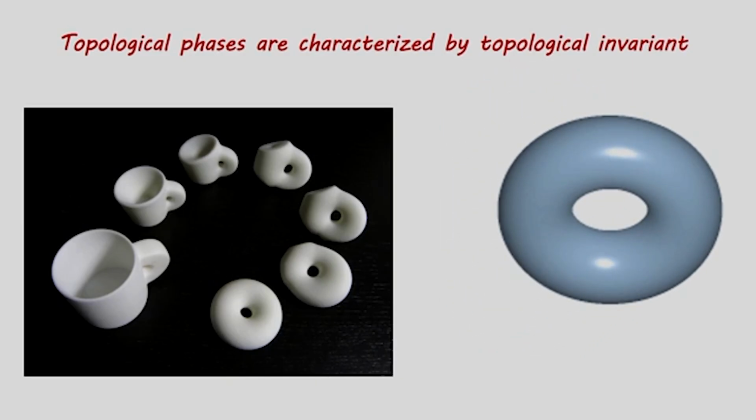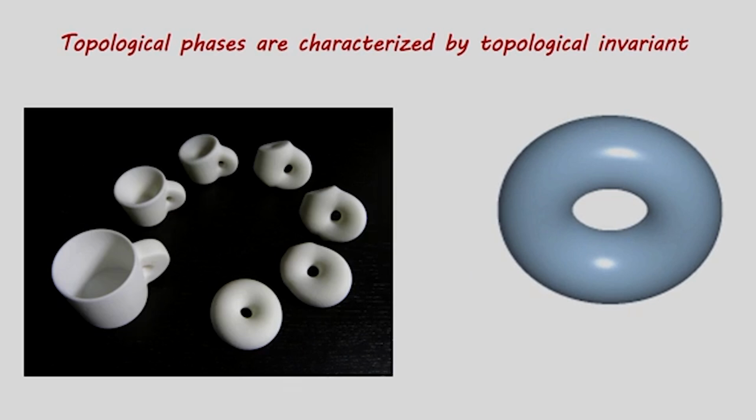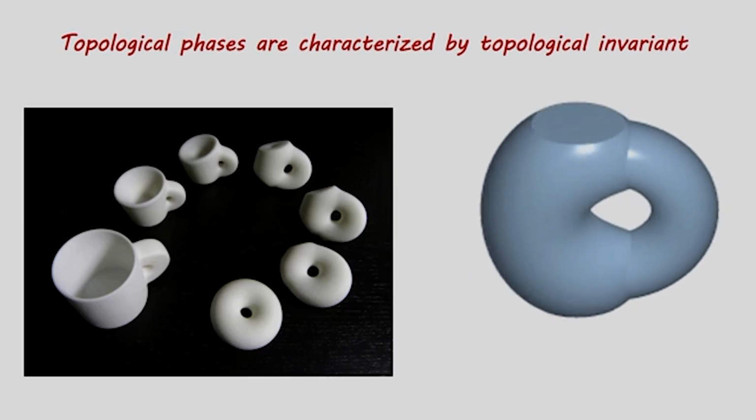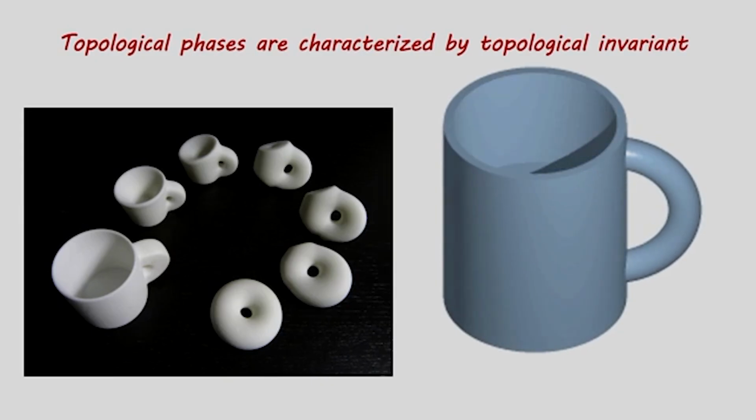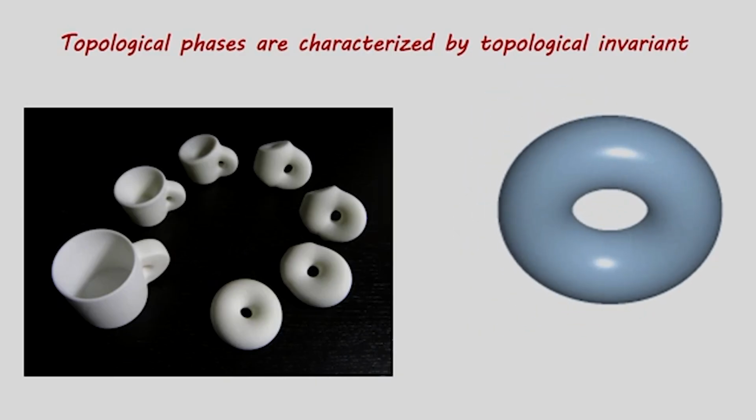If it can be smoothly deformed and gives rise to an invariant that remains unchanged through this process, then the Hamiltonian denotes a topological system. And if you need to puncture it or tear it, then of course you're not getting back the same system.